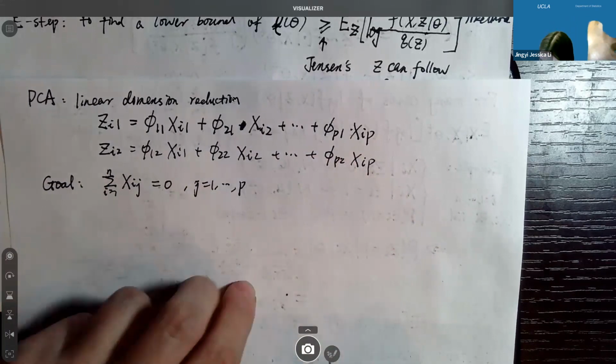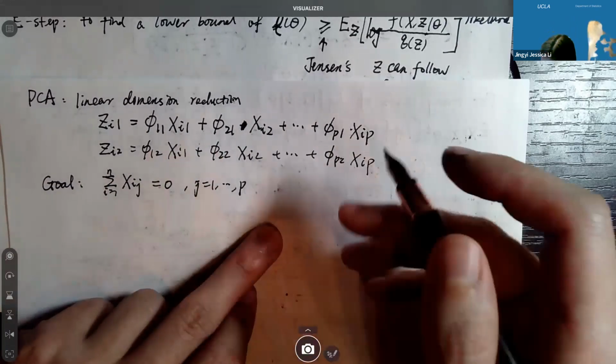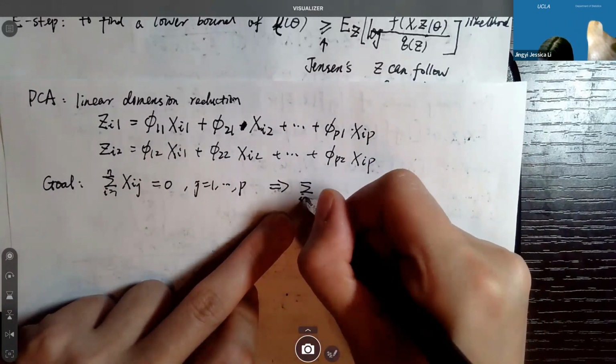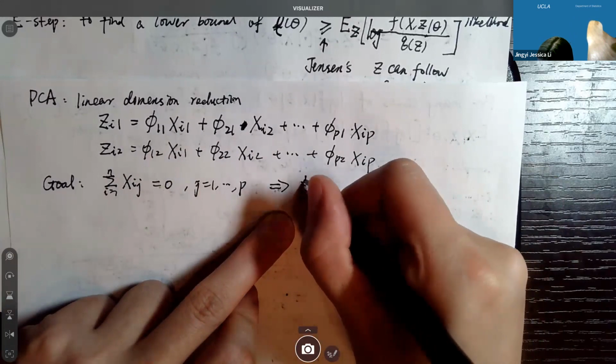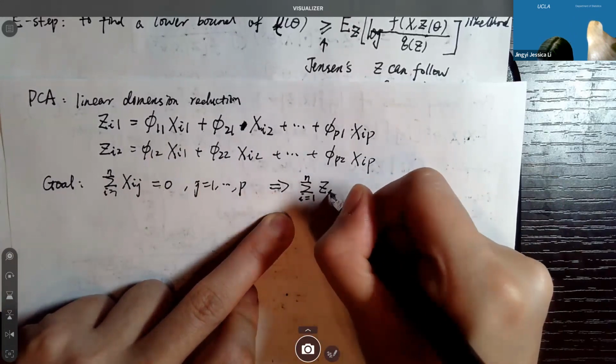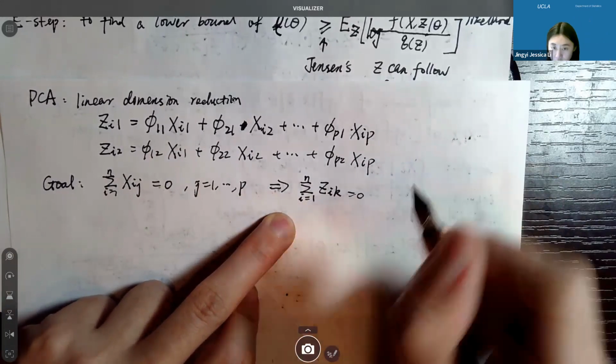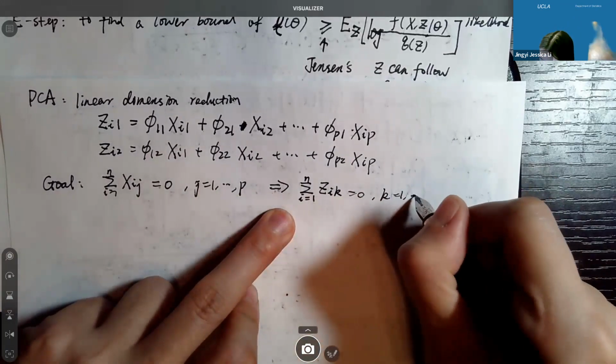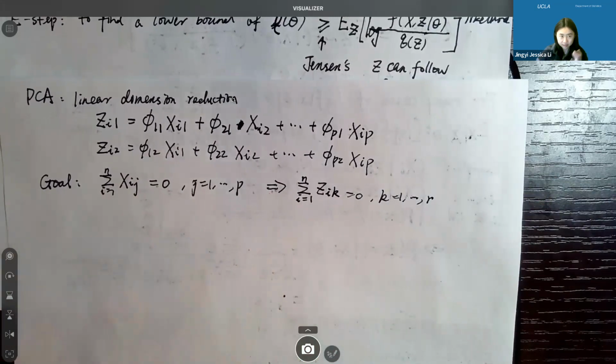Then by this linear combination, a natural result is that for every new dimension k, the sum of zik is also equal to 0, with k from 1 to r. This centering makes my following discussion easier, because when we compute the variance, we just set the center to be 0 instead of worrying about the average.